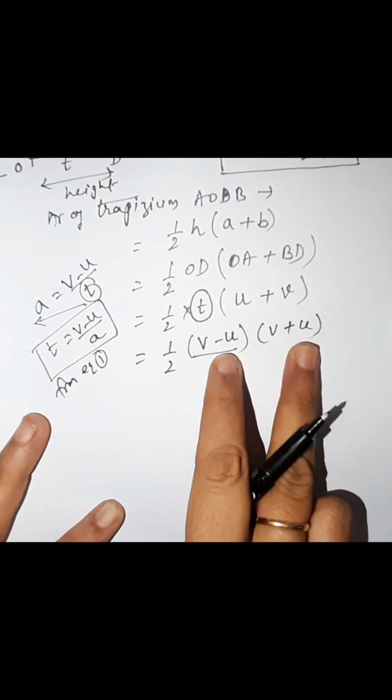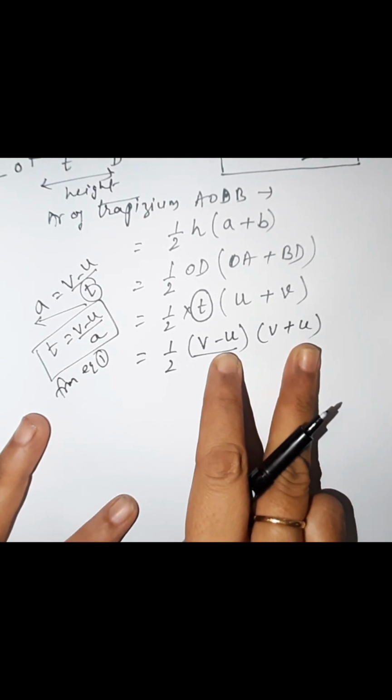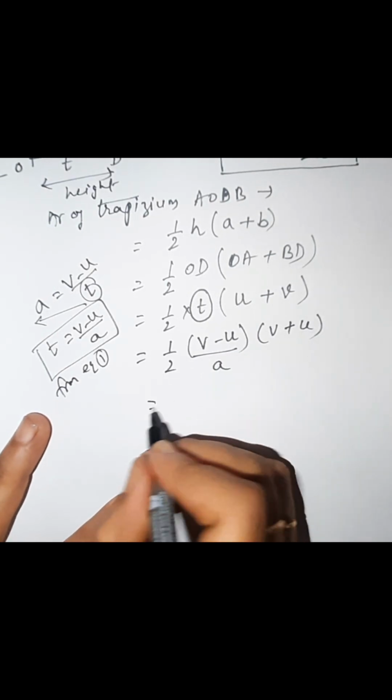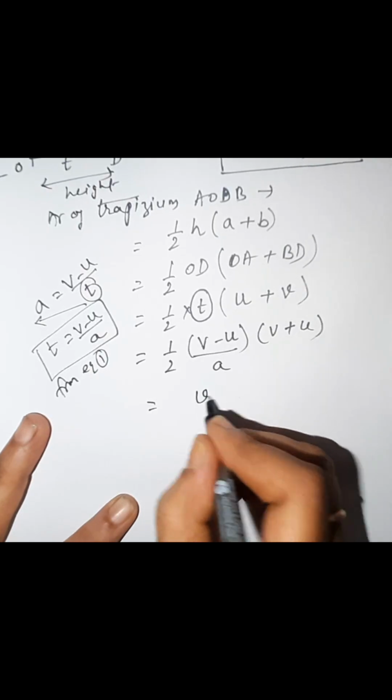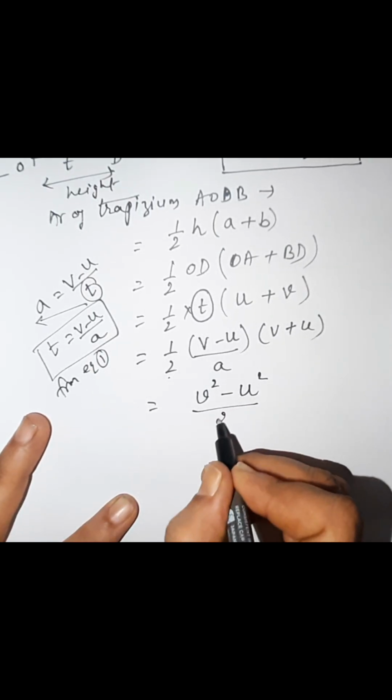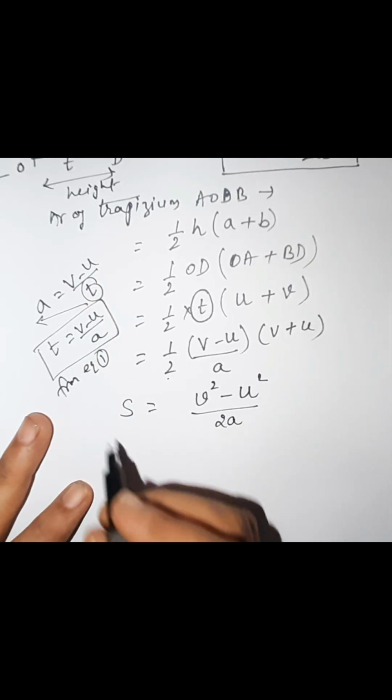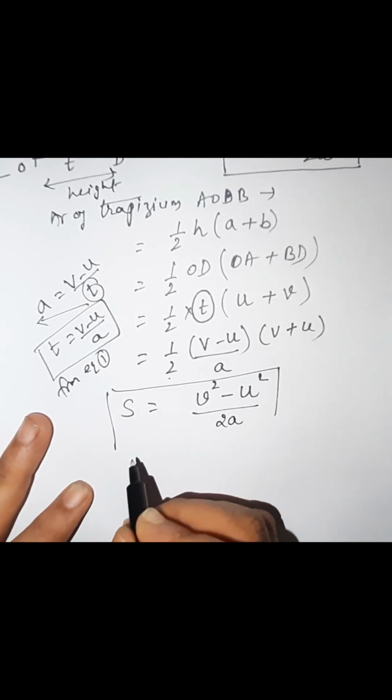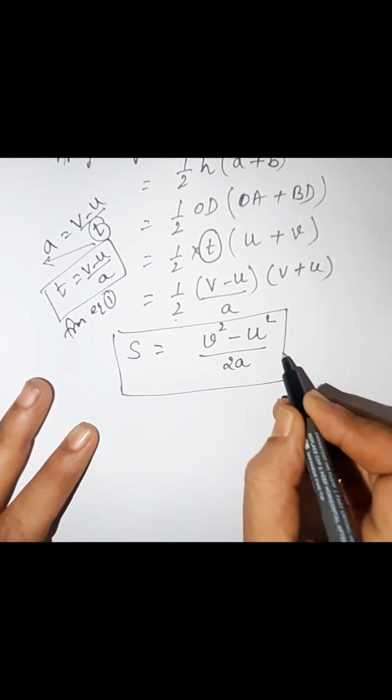Now we have the formula of (a plus b)(a minus b), so we are going to use that identity here. (a minus b)(a plus b) is a square minus b square. The 2 multiplied by a is 2a. This is nothing but s. So this is our third equation of motion.